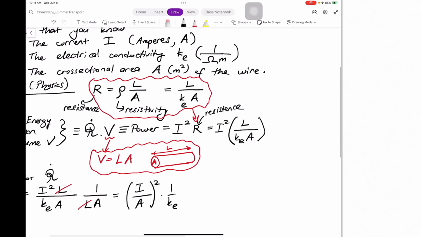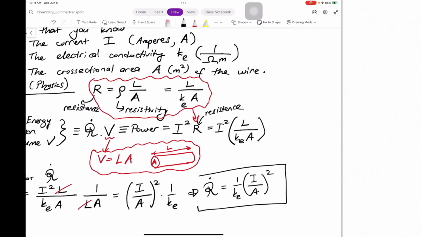Okay, let's box it. The volumetric heat generation rate in a cylindrical wire comes out to be 1 over kappa_e times (I over A) squared.